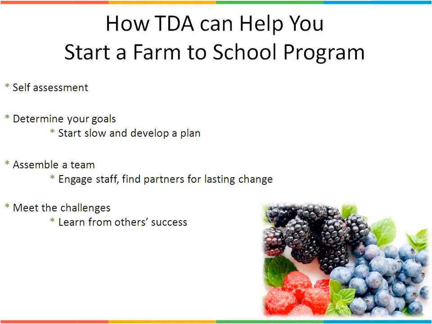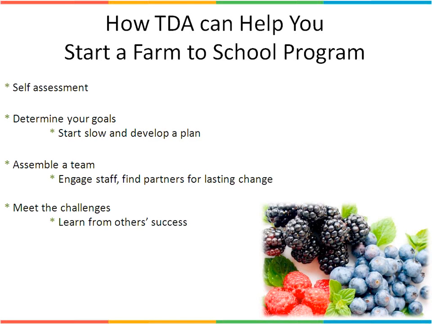So how can I help you start a Farm to School program? I can give you some technical assistance and resources, either by email or phone, whatever's best for you, to first of all do a self-assessment. Look at, for example, what is your kitchen capacity at your school? Can you take in raw local lettuce, for example, and handle the processing, the cleaning, the chopping, making that lettuce ready to be served? And then once we've done a self-assessment to see where you are, look at what your goal is.